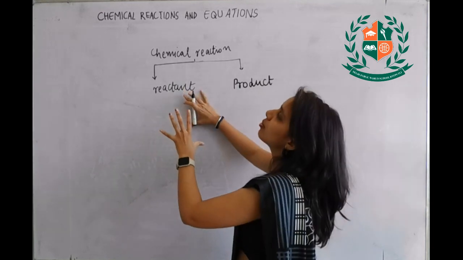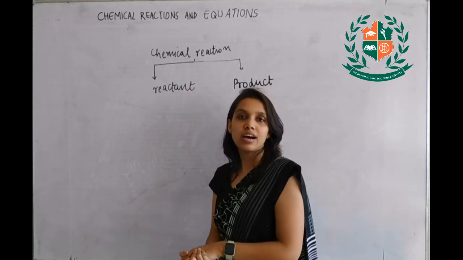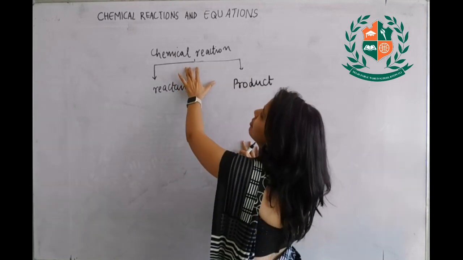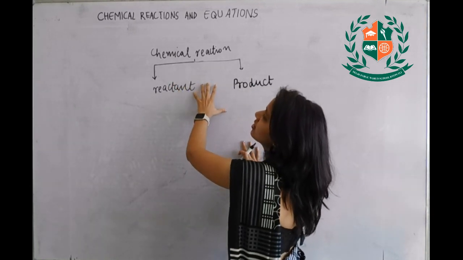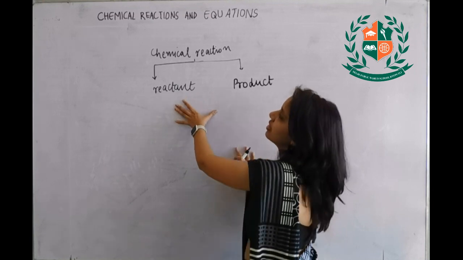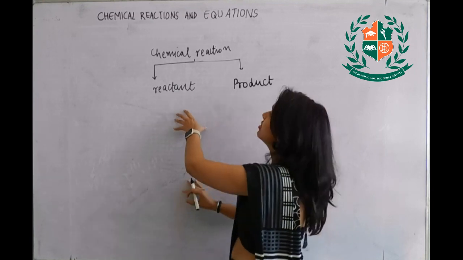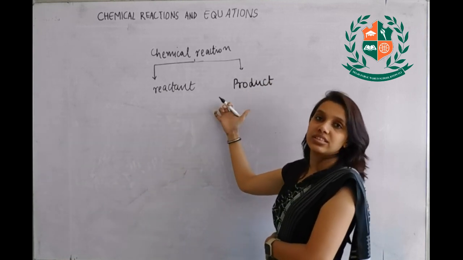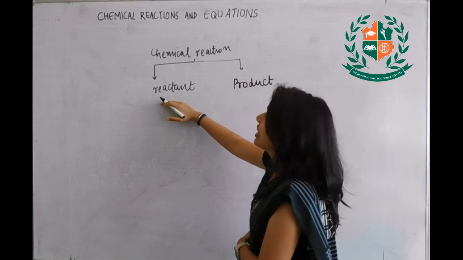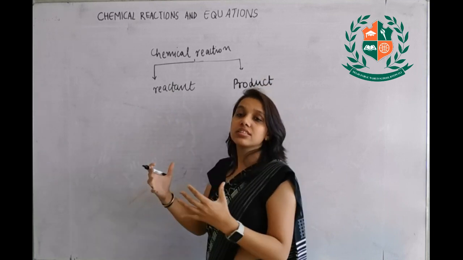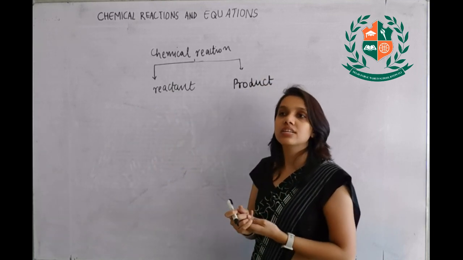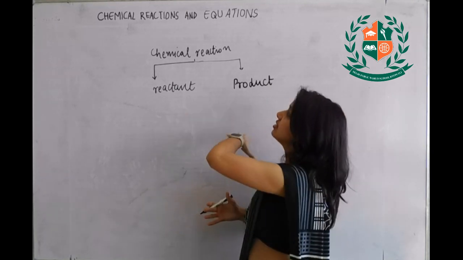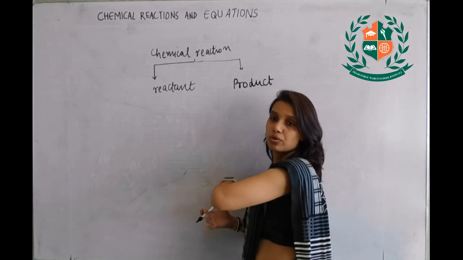So first we'll talk about what chemical reactions are and what they are made up of. Every chemical reaction is composed of two categories of substances: the first is the reactant and the second is the product. Reactants are those substances which combine together and give us a compound or a product.